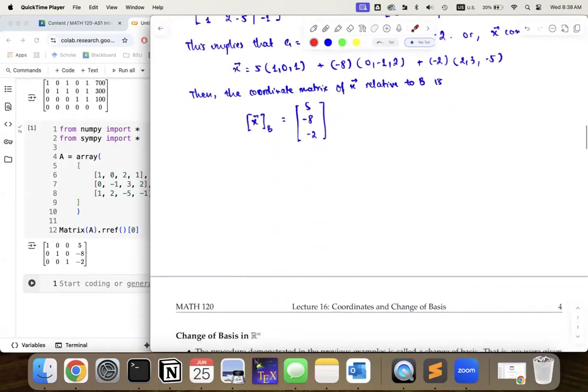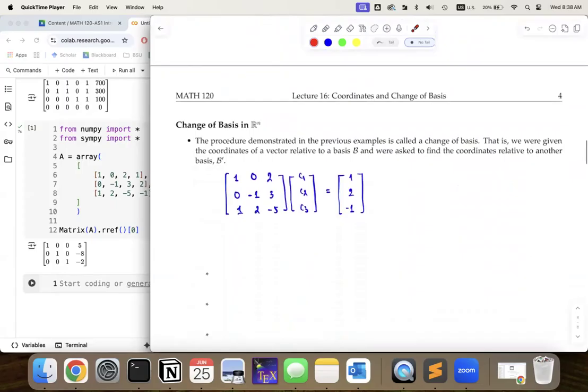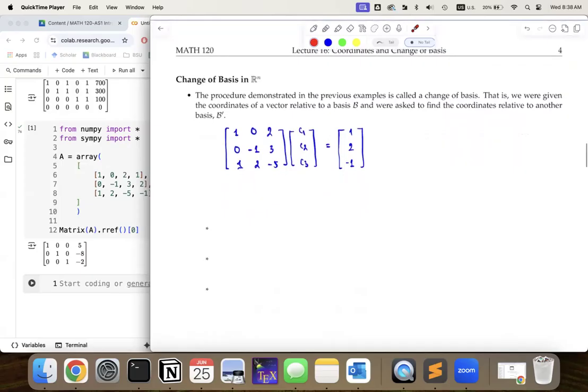So this is the coefficient matrix multiplied with C1, C2, C3, equal to the right-hand side of the system. There's another name for this particular setup, which is different from what we have seen before.